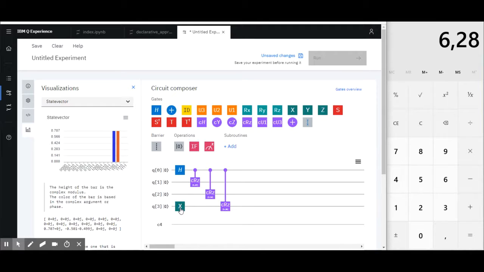I think I'm getting that wrong. But I'll get it right at some point. But you know what?